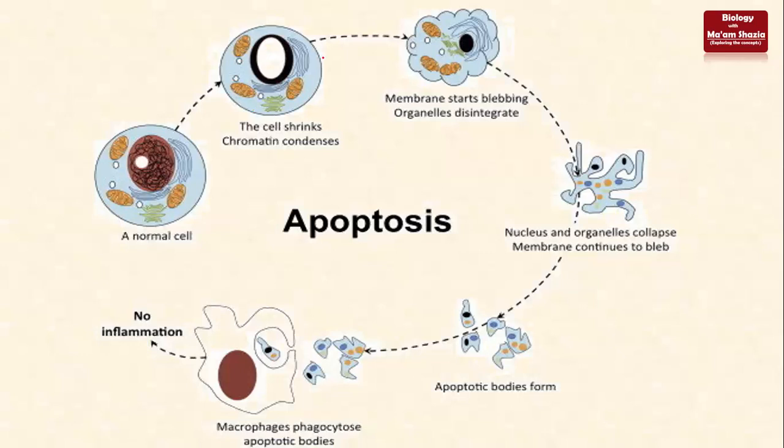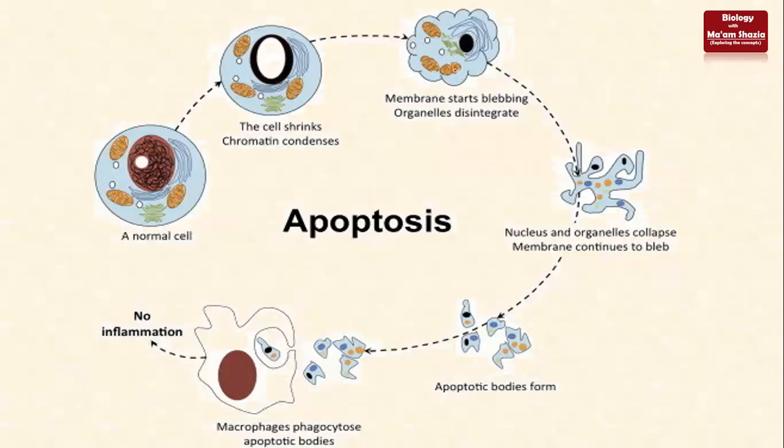Then there is the outer cell membrane. You can see the curves throughout the cell membrane. These curves are called blebbing, right? This process is called blebbing, and all of the organelles disintegrate.